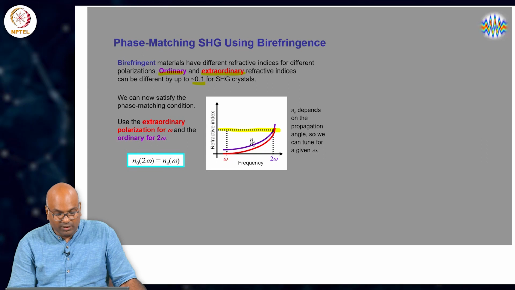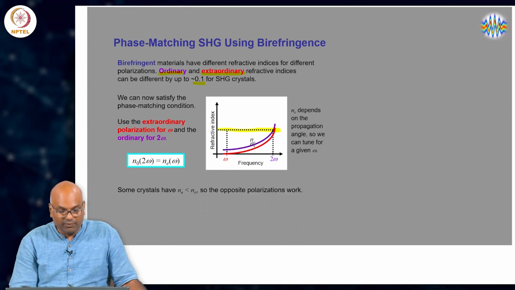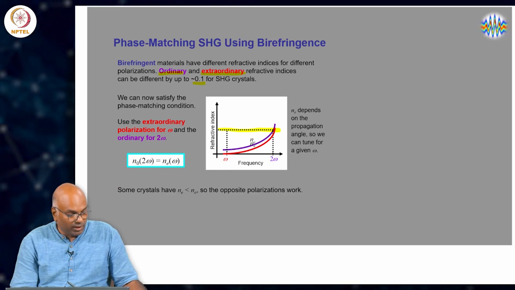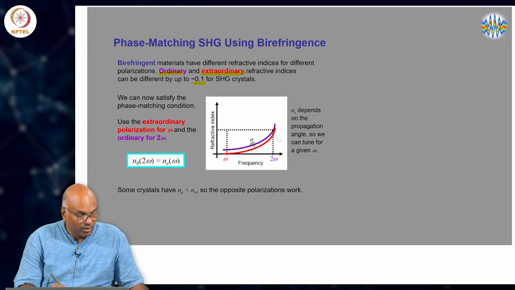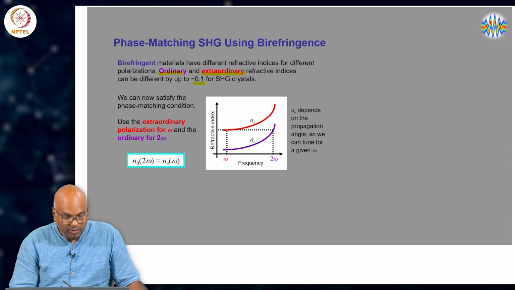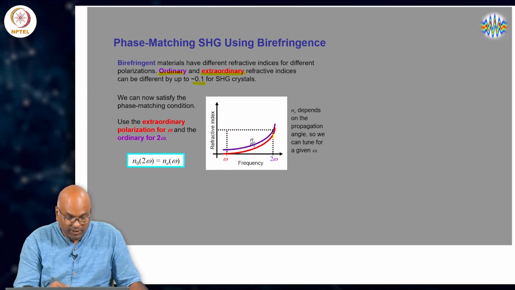So, this is essentially what we have done. Okay, sorry, I misrepresented this. By tuning the angle, sorry, this is what we did. By tuning the angle, we tuned this entire curve down so that the refractive indices can match.